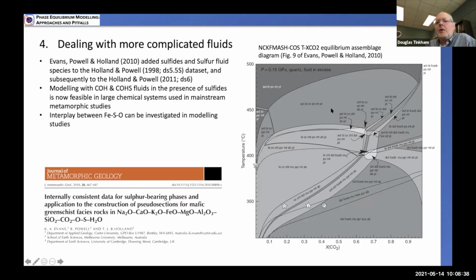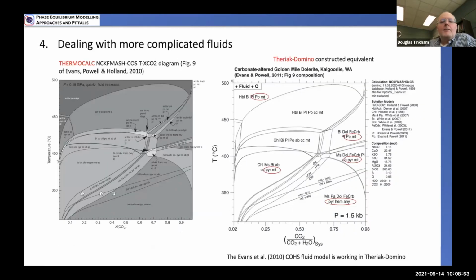This is a figure from their paper, Evans and Powell 2010, which is a TX CO2 section. In this case, the fluid was a pure H2O-CO2 fluid phase, but they have sulfur phases on there. I've done some work on that, and we can almost reproduce the diagrams pretty perfectly in Theriak-Domino. There are still some subtle differences, which I think are tied up in the activity models more than anything else.